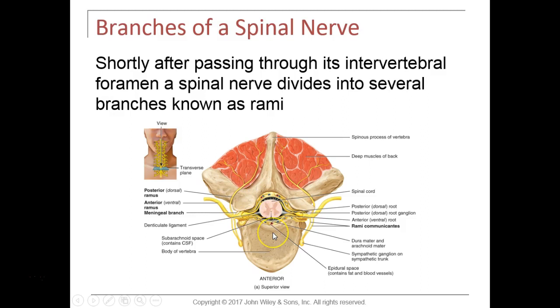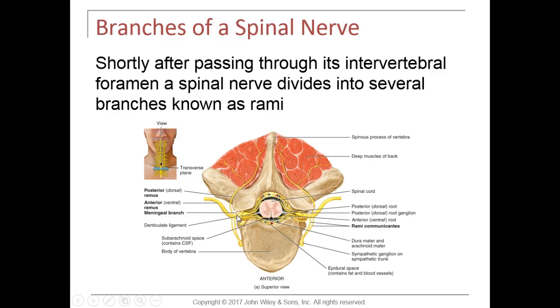So let me tell you what all of these are. First of all, a spinal nerve has an attachment on the posterior section, the posterior root, and an anterior attachment from the anterior root. Where the posterior root and the anterior root join together is called the spinal nerve.